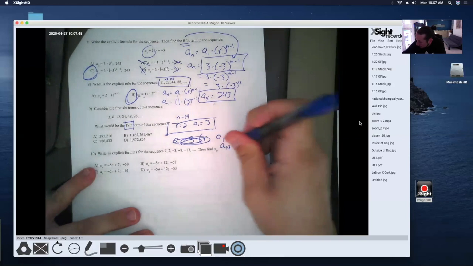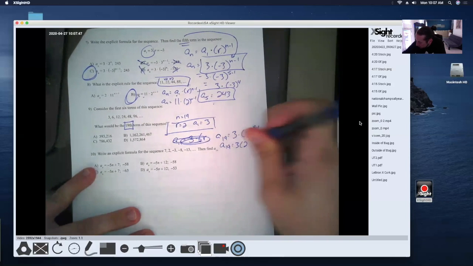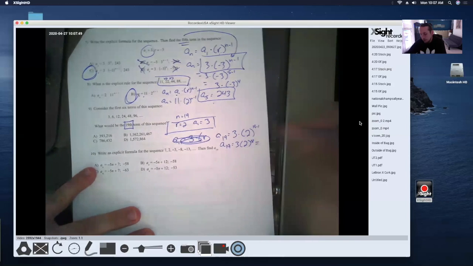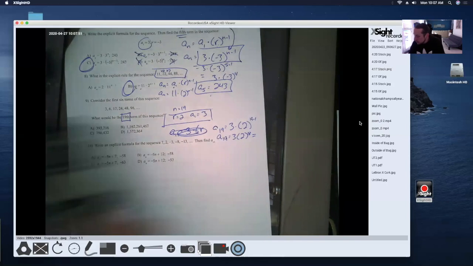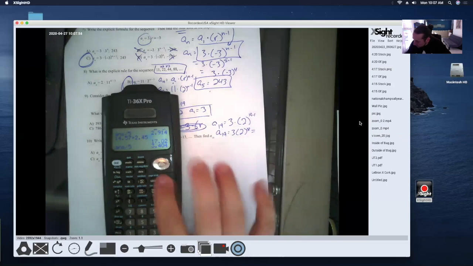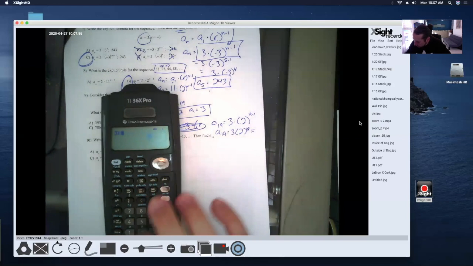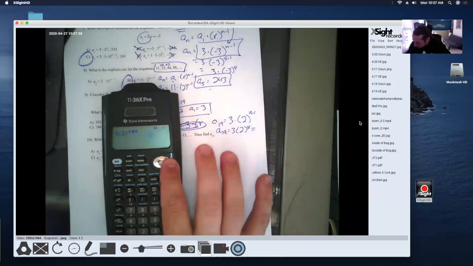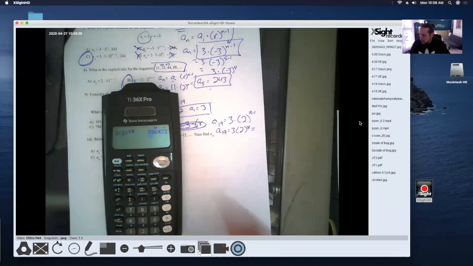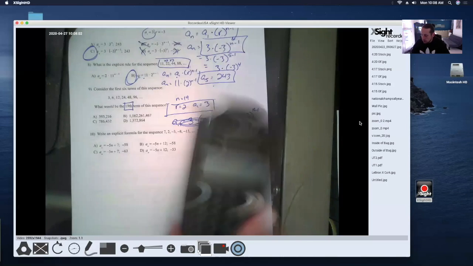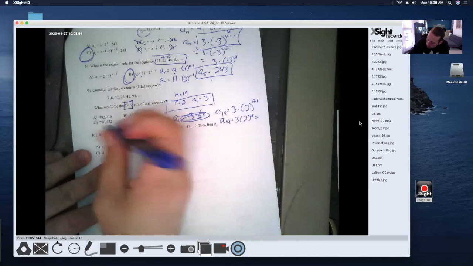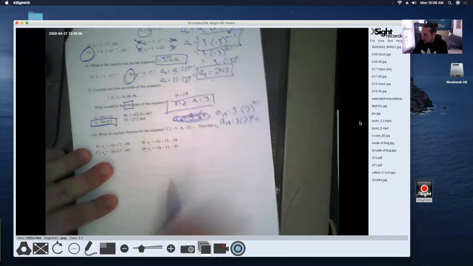So a_19 equals 3 times 2 to the 18th power. And again, use your calculator. Use the tools that you have. 3 parentheses 2 to the 18th power. 786,432. So that answer is C.